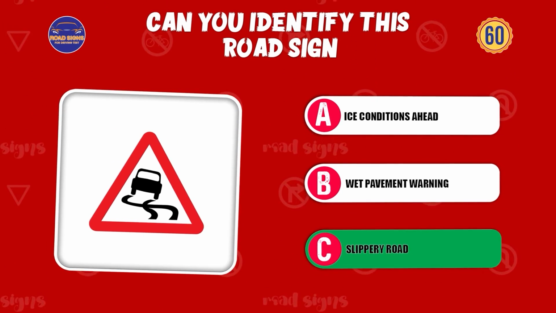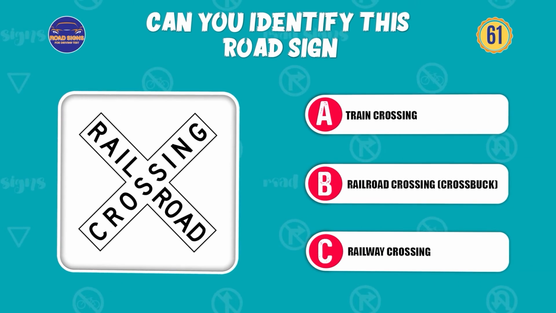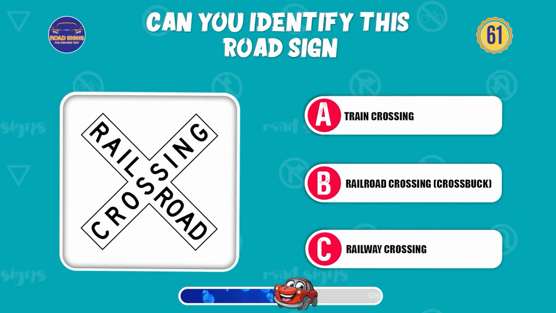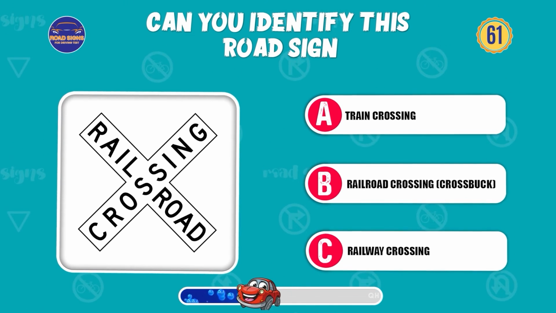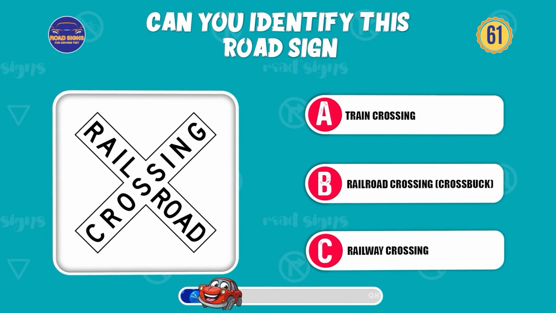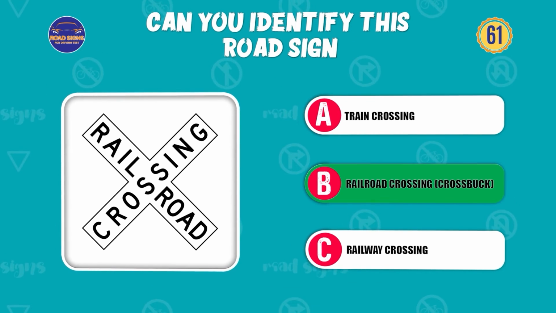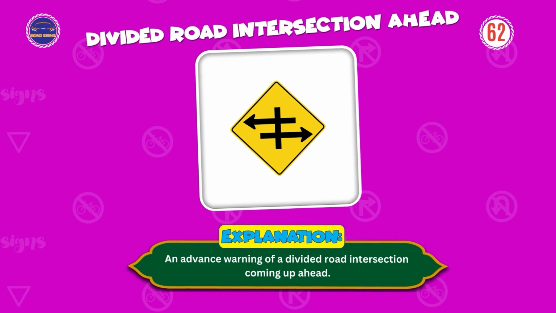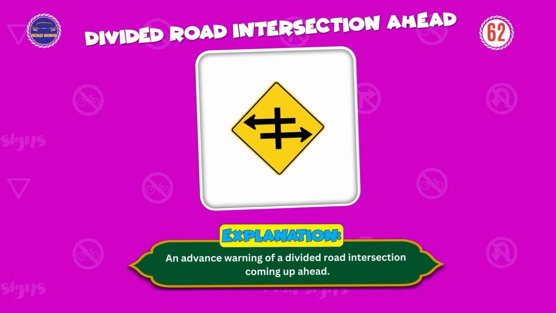C. Slippery road. What does this road sign indicate? B. Railroad crossing, crossbuck. This is the divided road intersection ahead sign. It warns of a divided road intersection ahead.